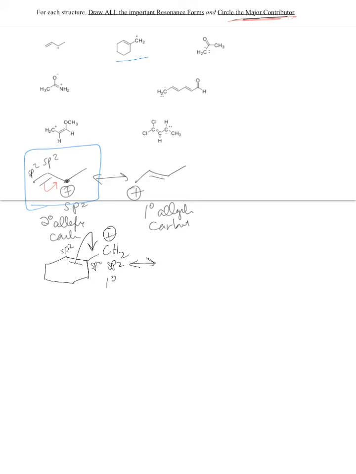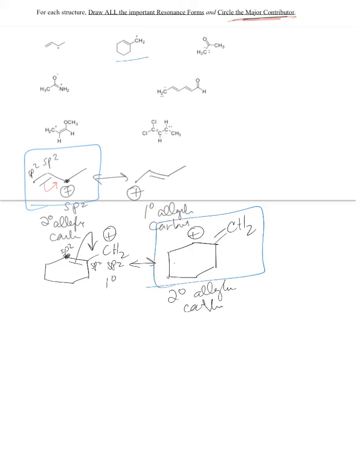So the electrons for your resonance structures can travel through those unhybridized p orbitals, and now once that double bond leaves, it gives us here. This is a secondary allylic carbocation. Which one do you think is more stable, primary or secondary? So yes, secondary.